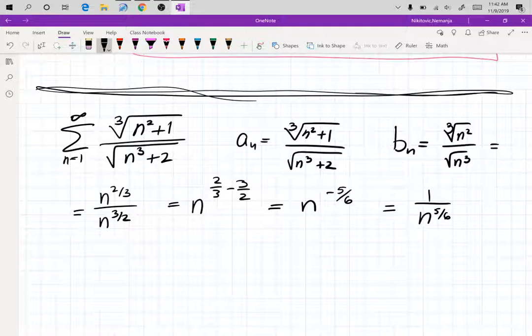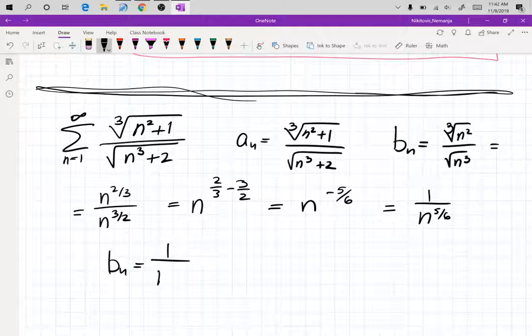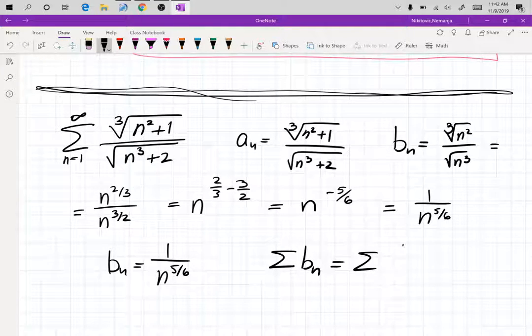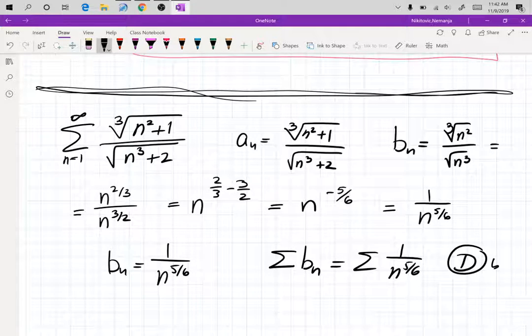No, for the P series, because we need to know whether the summation of Bn converges or diverges. You can't make that decision there. You have to have 1 over n to the p, right? So now that I know that Bn is 1 over n to the 5 over 6, we know the summation of Bn is the summation of 1 over n to the 5 over 6, which diverges by P series.